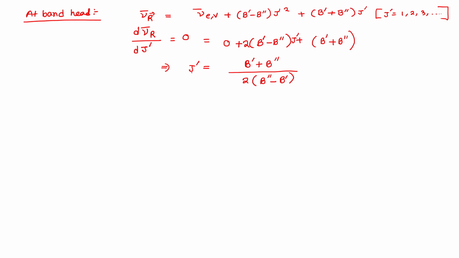And if you put the value of J dash here, and you know the value of the rotational constant, then you can get your band origin even from the spectra also. So why have I written like this? We will use this in one of our upcoming assignment problems.